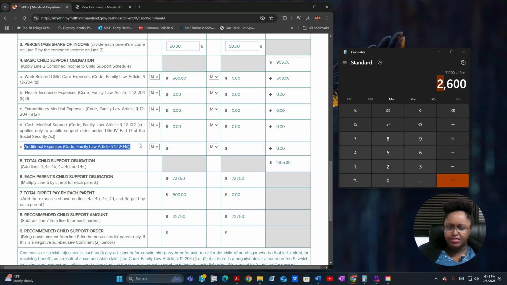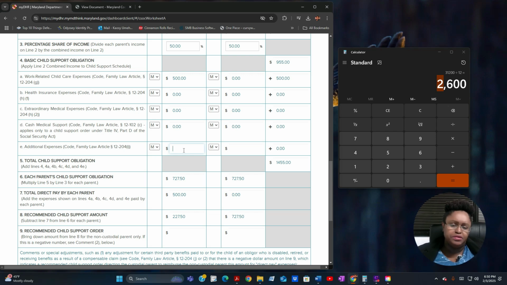So additional expenses. According to this code in the family law, additional expenses usually covers things like transportation, and it's usually transportation to get back and forth from one parent's house to the other, or transportation to get back and forth from school. And it also covers things like tuition for schools.